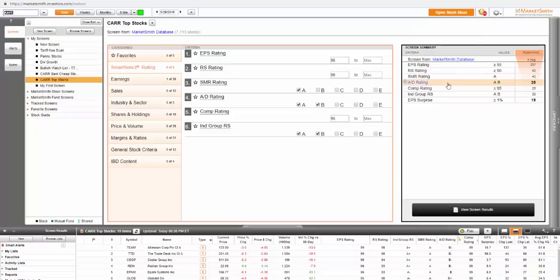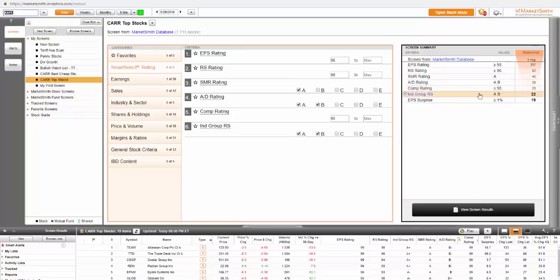I want an accumulation distribution rating of either A or B, so about the top 25% of stocks, and a comp rating of 95 or higher. And of course, most of the stocks that pass all of these other filters are going to be at 95 or higher, so that only weeded out a couple of stocks.